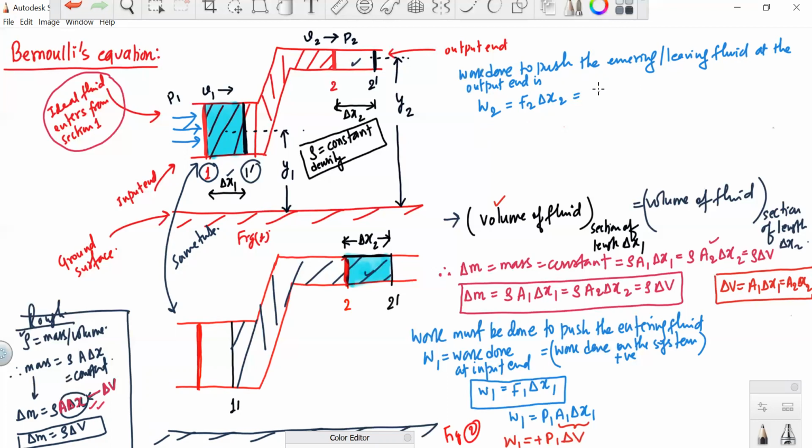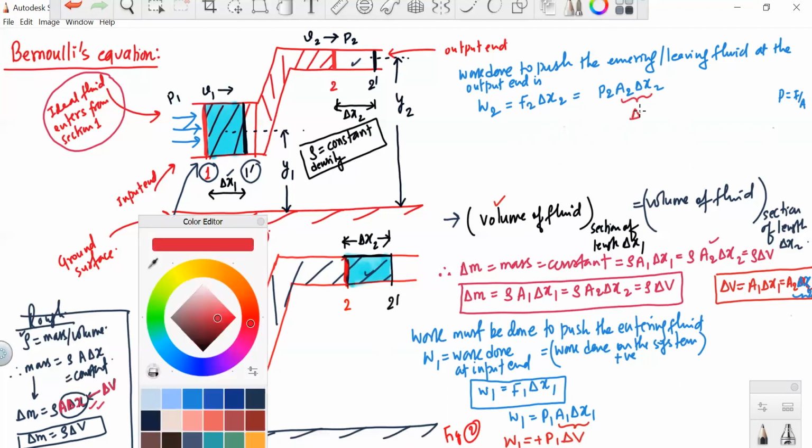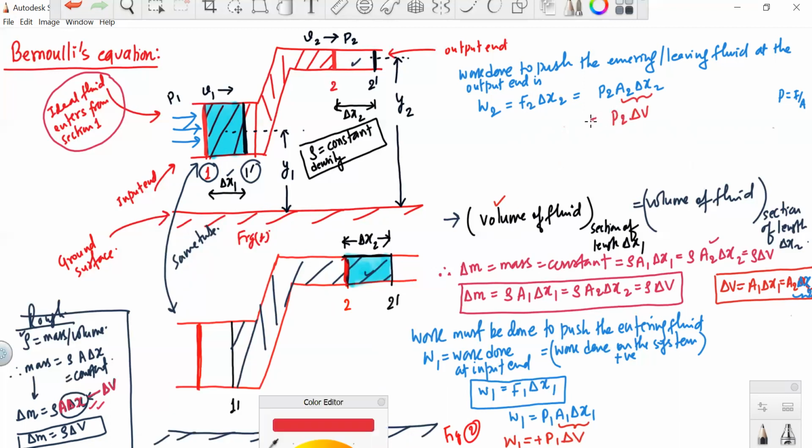This is P2 A2, because we know pressure equals force by area, times delta X2, and we know A2 times delta X2 is delta V. So this product is delta V because volume is constant, okay? So we have P2. So this equals W2.